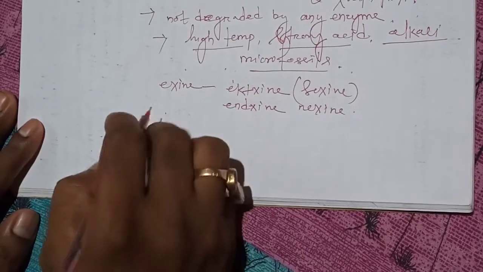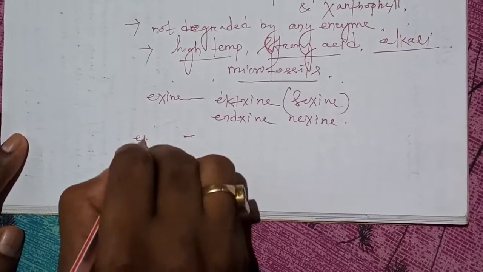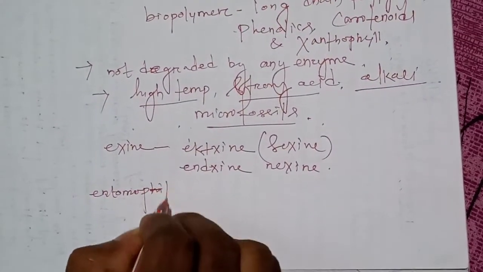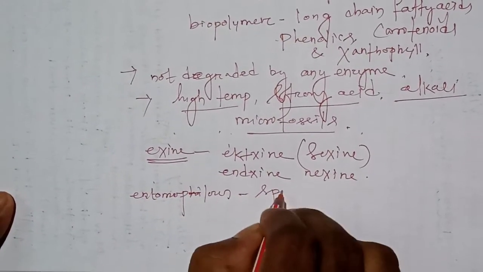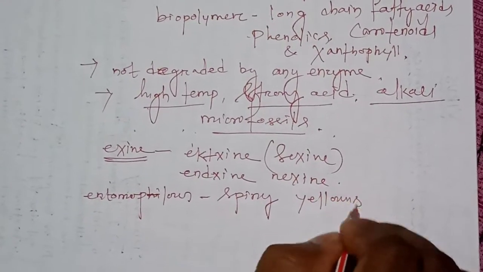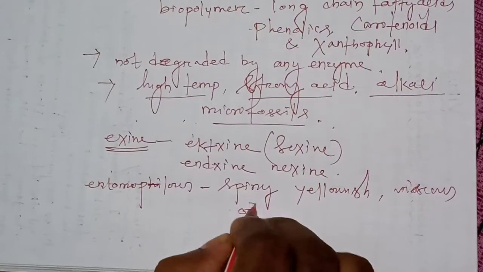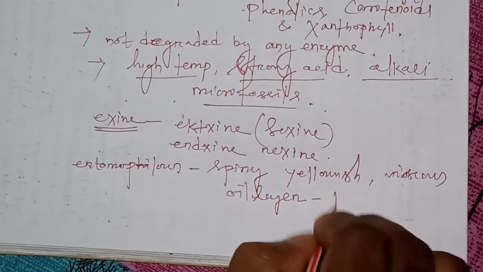In case of insect pollinated, that is entomophilous, pollen grains, the exine is spiny and is covered over by a yellowish, viscous, sticky oily layer called pollen kit.